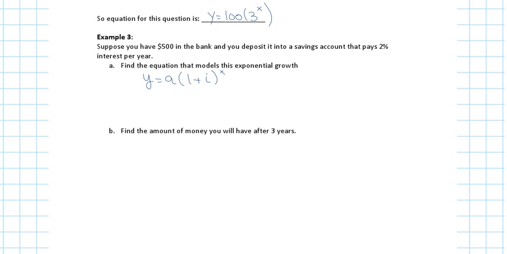What's my initial value? 500, because that's how much money you put in the bank. And then 1 plus, what's my rate? 0.02. So it's 500 times 1.02 to the power of x.